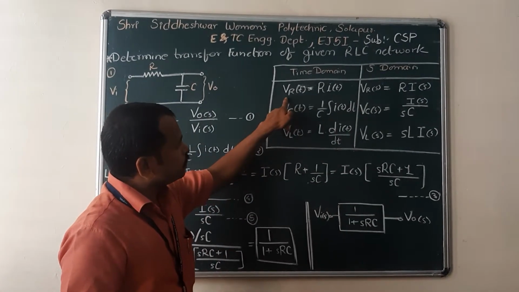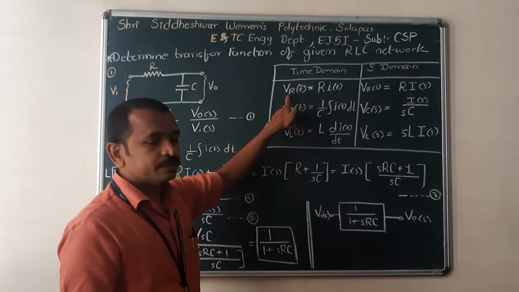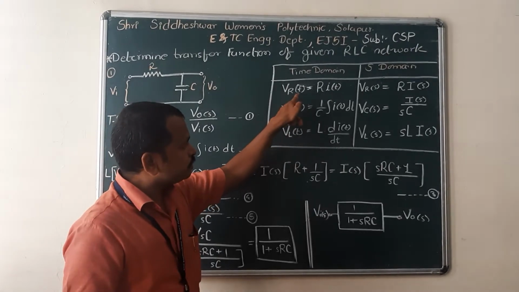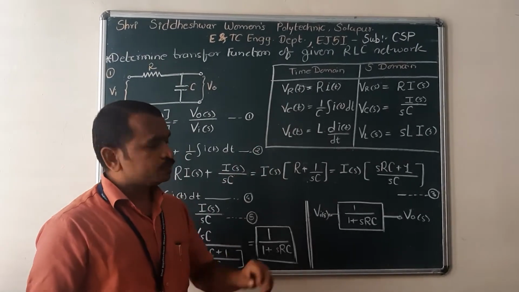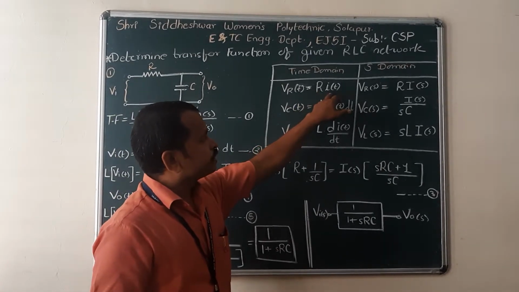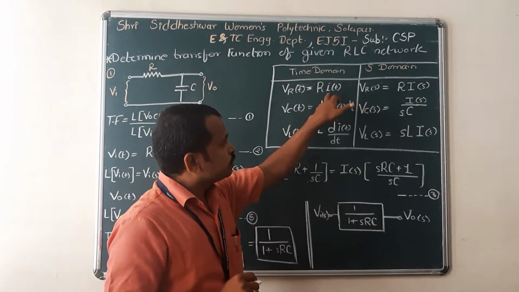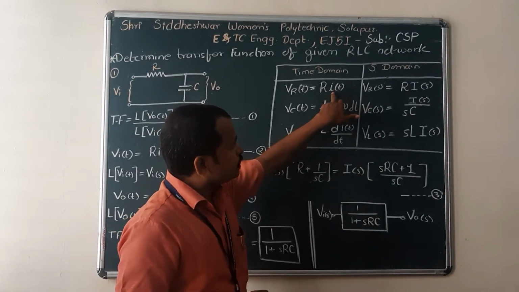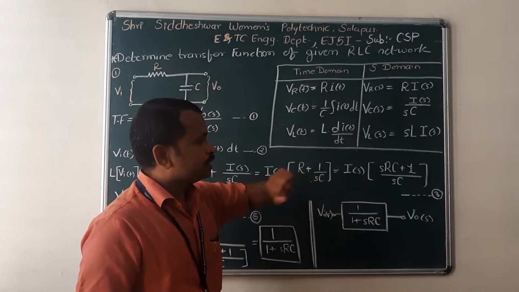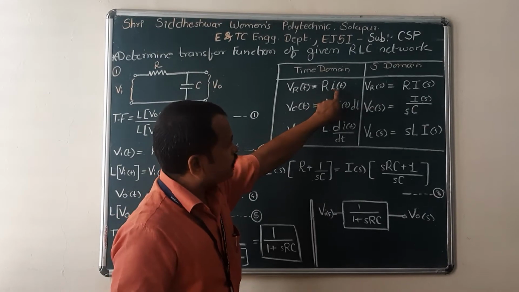See here, the voltage across R is represented in time domain as VR of t is equal to R into I, but I is an instantaneously changing element. So current is I of t, so R into I of t.